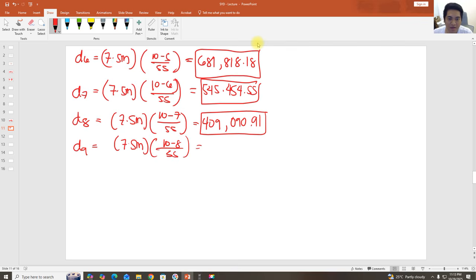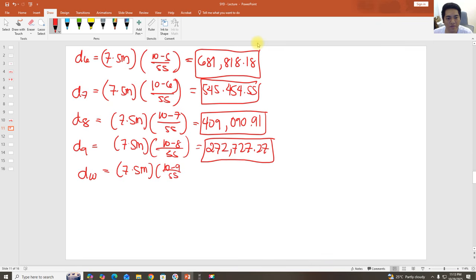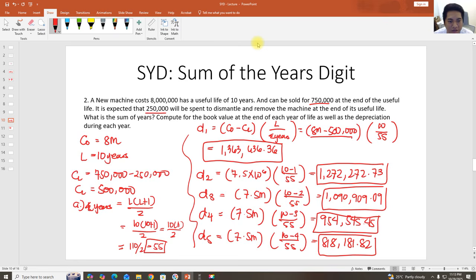So we have D9, the depreciation after 9 years, with this value. And for the D10, finally, we have 10 minus 9 all over 55. So the depreciation should be 136,363.64. Okay? So we are done with the sum of the years.